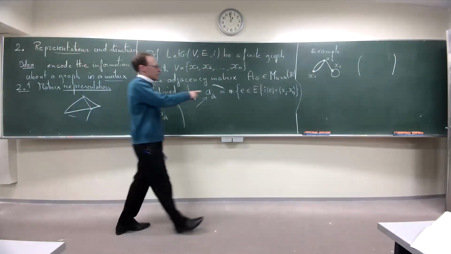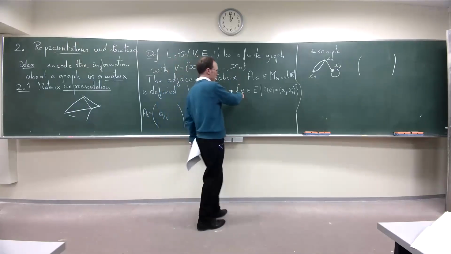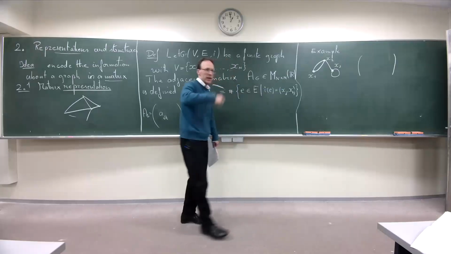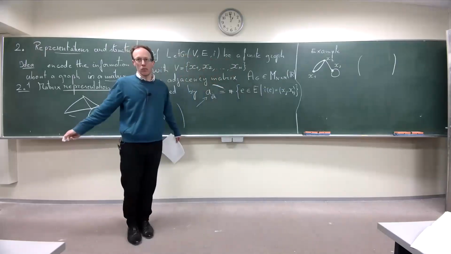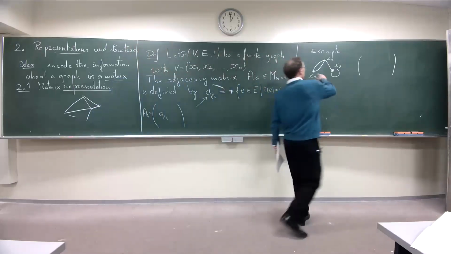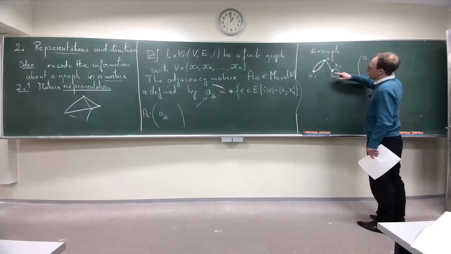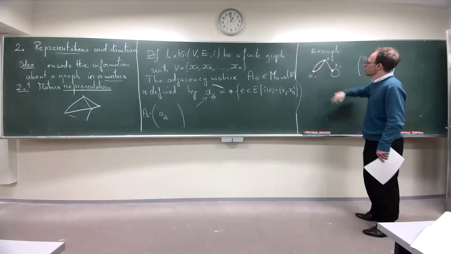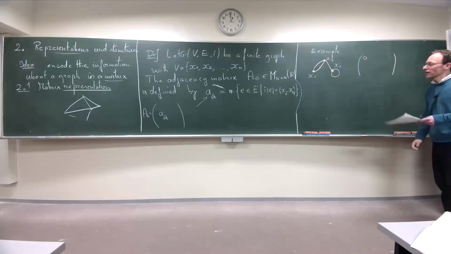So let's check. A11, the first entry of the matrix: I need to look at edges which have initial point and end point 1, 1. Do we have any? No. We have nothing starting and ending here, so the first entry is 0. Then between x1, 2 and x2, 1, how many edges do we have?